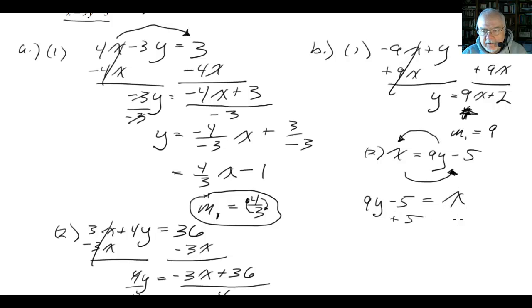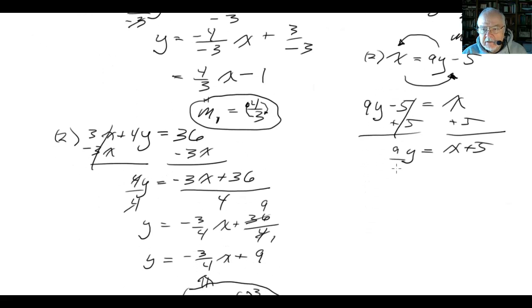All right, let's get rid of the 5. Add 5 to both sides. That goes away. It leaves me with 9y equals x plus 5. I've got to get rid of the 9, so divide both sides by 9. That, of course, is 1. 1 times y is y. So this becomes 1/9 x plus 5/9. I can't simplify that anymore. That, of course, is what we're looking for. And so m2 equals 1/9.